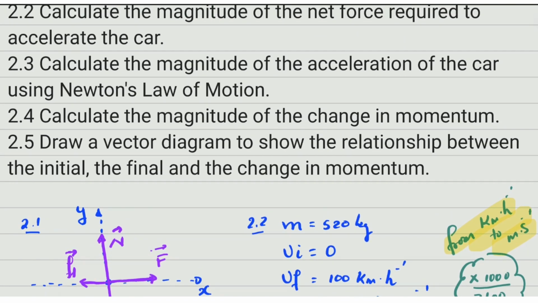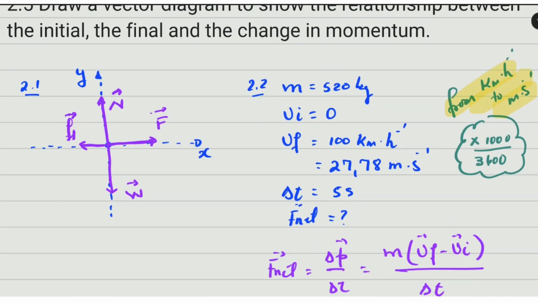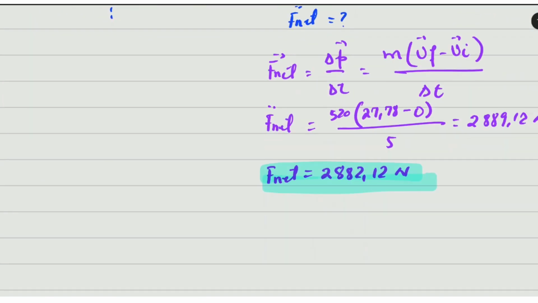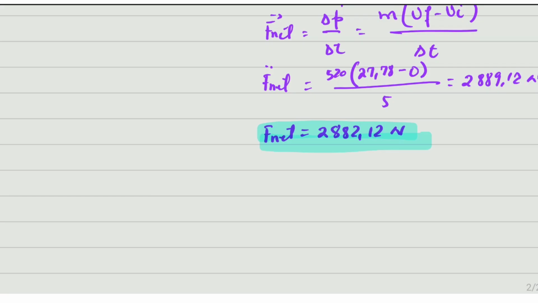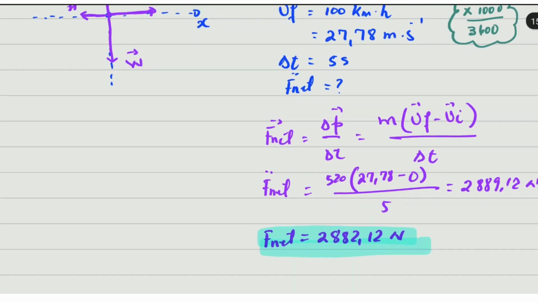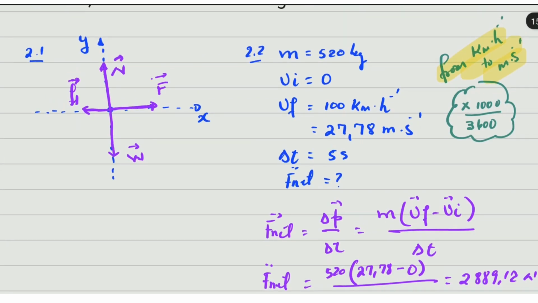Question 2.3 says calculate the magnitude of the acceleration of the car using Newton's law of motion. Now, if the object is accelerating, then the law of motion you are going to use is Newton's second law of motion. Remember, you use Newton's second law of motion when the object is accelerating, and Newton's first law when the object is either at rest or moving with constant velocity.